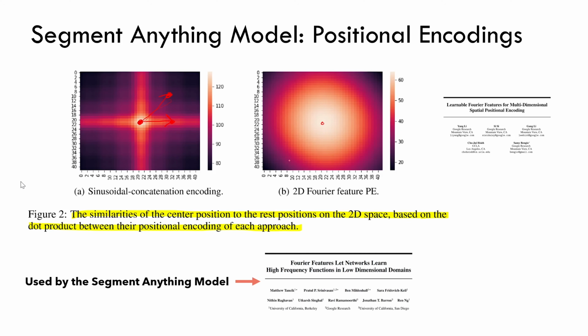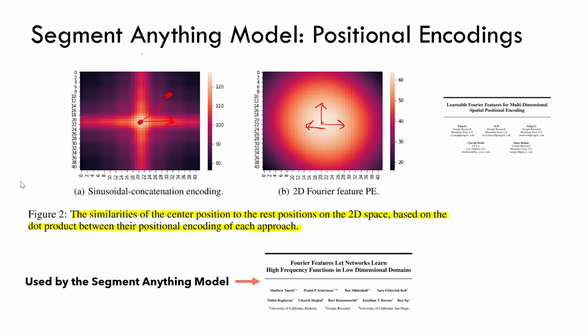All the points at a distance of 20 are less similar, but still, depending on the radius, they are similar in the same way as the other points with the same radius. And the farther we go from the center, the more different we become. And this is what we want from positional encodings for an image.